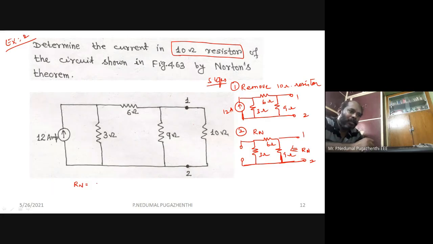Why? Because this 6 and 3 are in series, which is in parallel to 9 ohm. So 9 into 9 divided by 9 plus 9, so 81 by 18, which is equal to 4.5. Is that right?